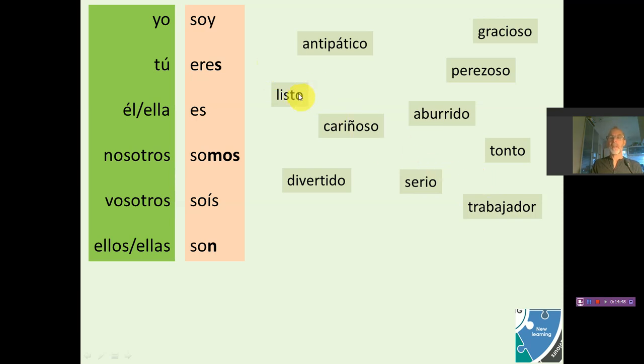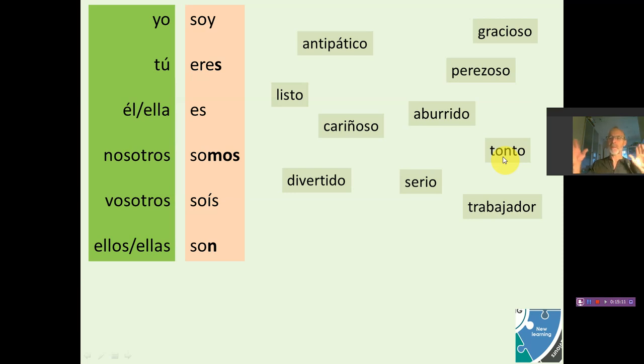So clever, what might be a good opuesto, opposite? Well, tonto, silly. Listo, tonto. If you want to say stupid, as in not very clever, it's probably estúpido would be a good one, and it's easy to remember, isn't it? It's got an E on the front. Estúpido or estúpida is stupid.